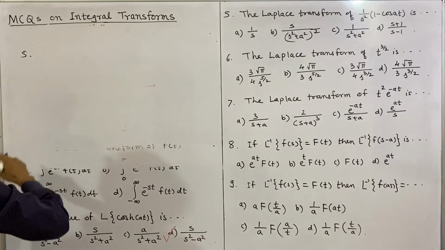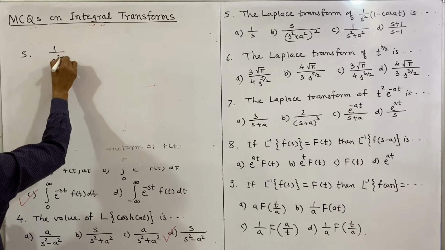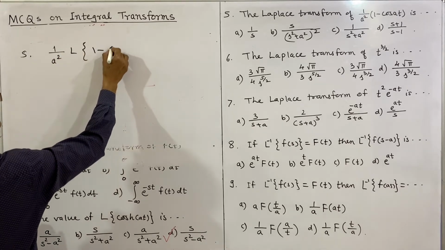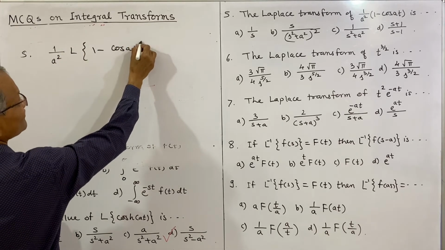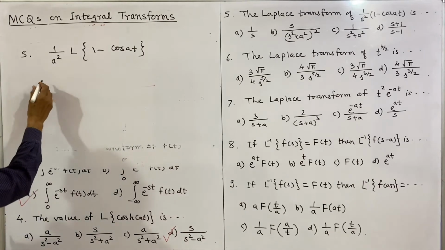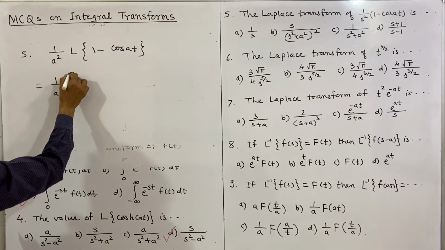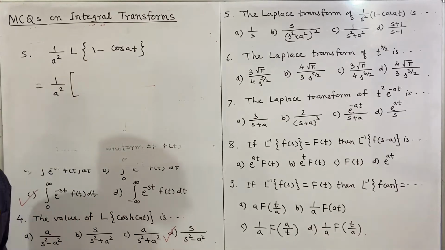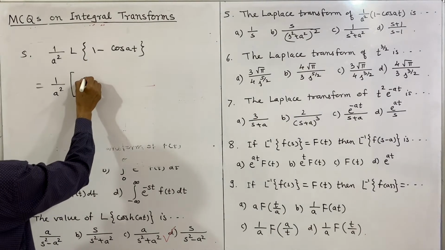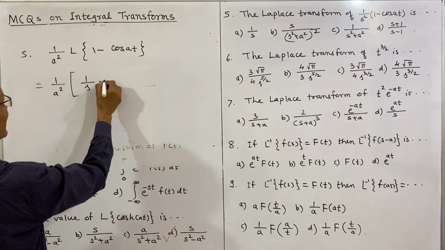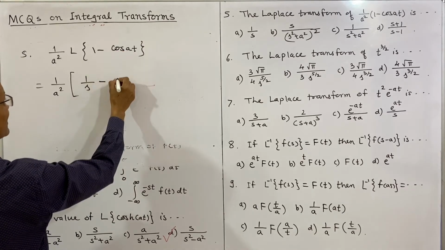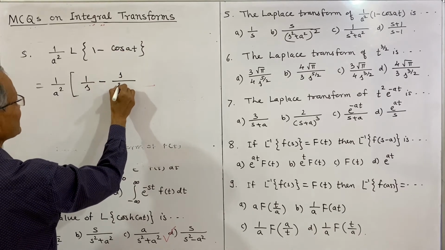So, it will be 1 upon a square into L of 1 minus cos at. This again can be written as L of 1 minus L of cos at. L of 1 is 1 over s, minus L of cos at, which is s divided by s square plus a square.